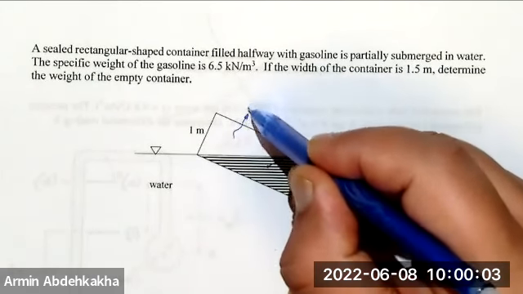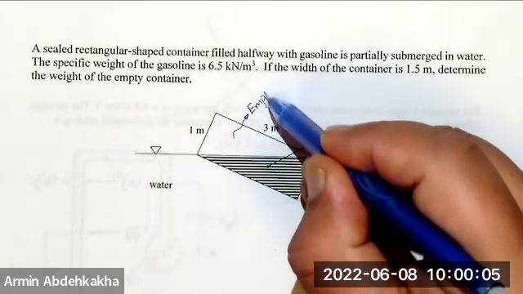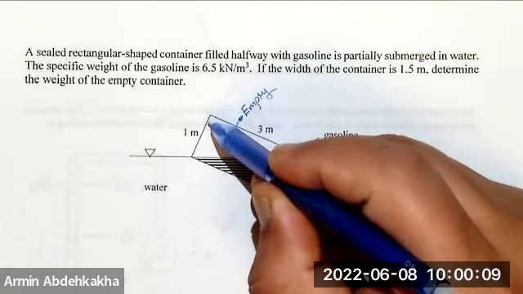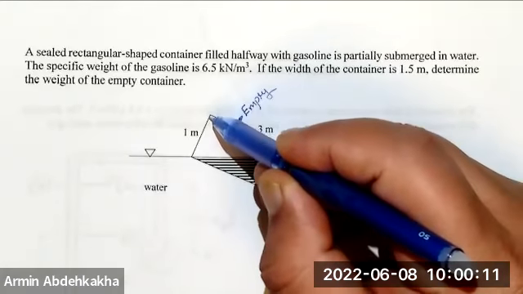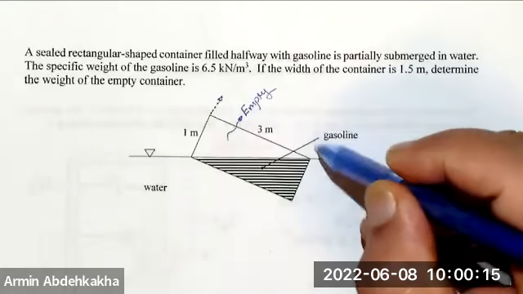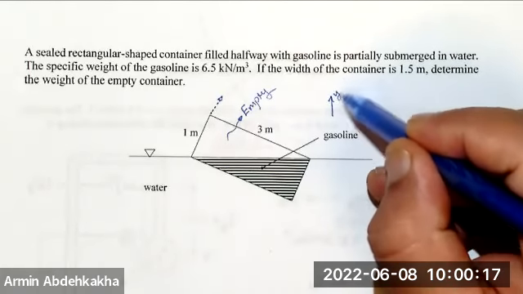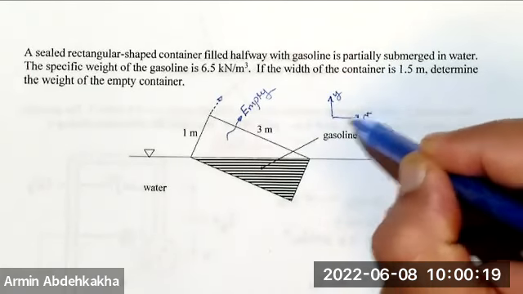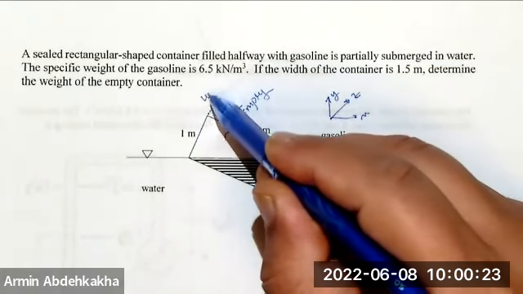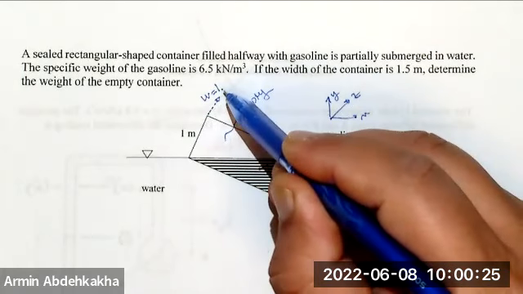First, this is empty. And the width, in the Z direction, if that's Y, that's X, and that's the Z, in the Z direction, W is 1.5.